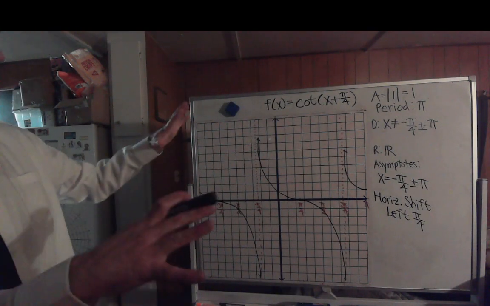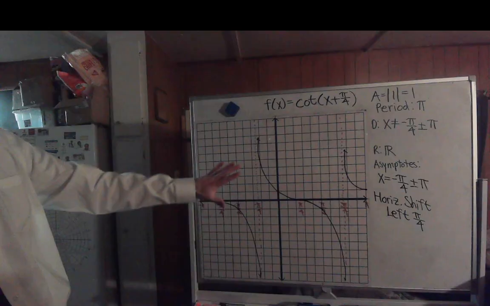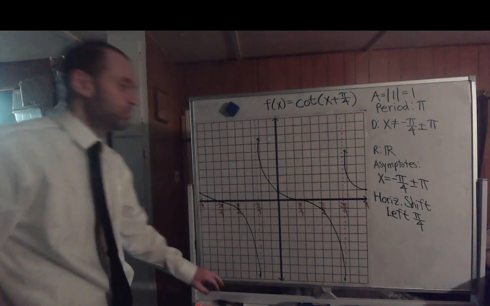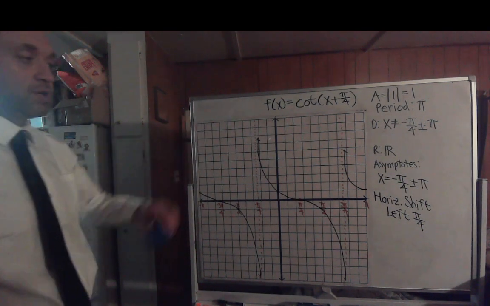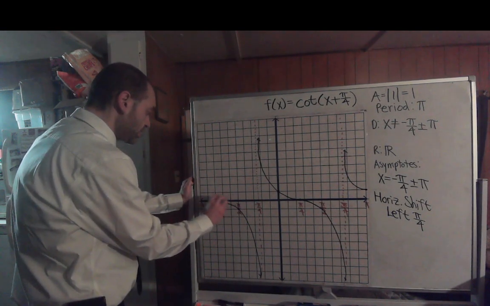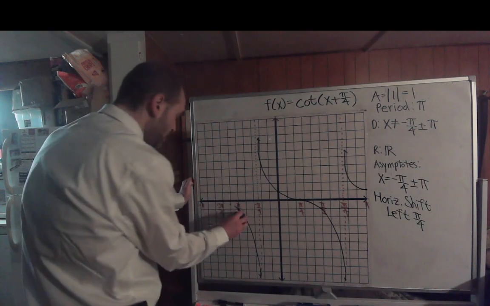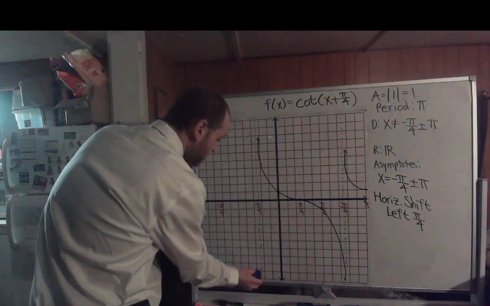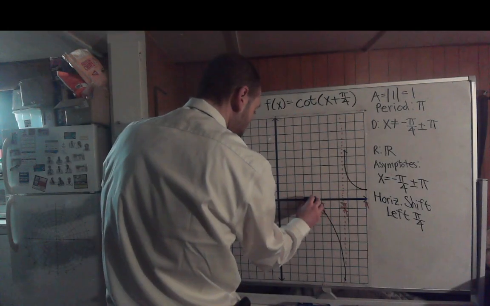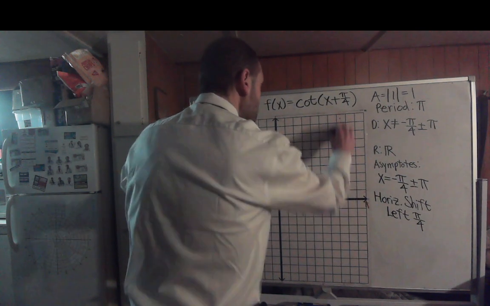So this is a horizontally shifted cotangent graph, pi over 4 units to the left. I know that's really weird, but that's exactly what it is. Alright. Now, of course, I got to do a shift with the tangent. Yeah, let's keep that the same. Those are going to change.